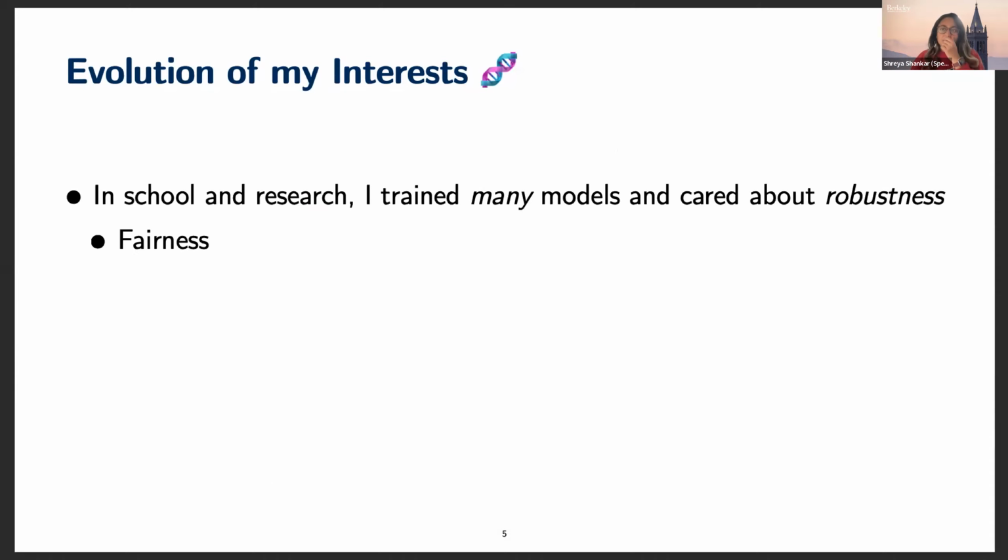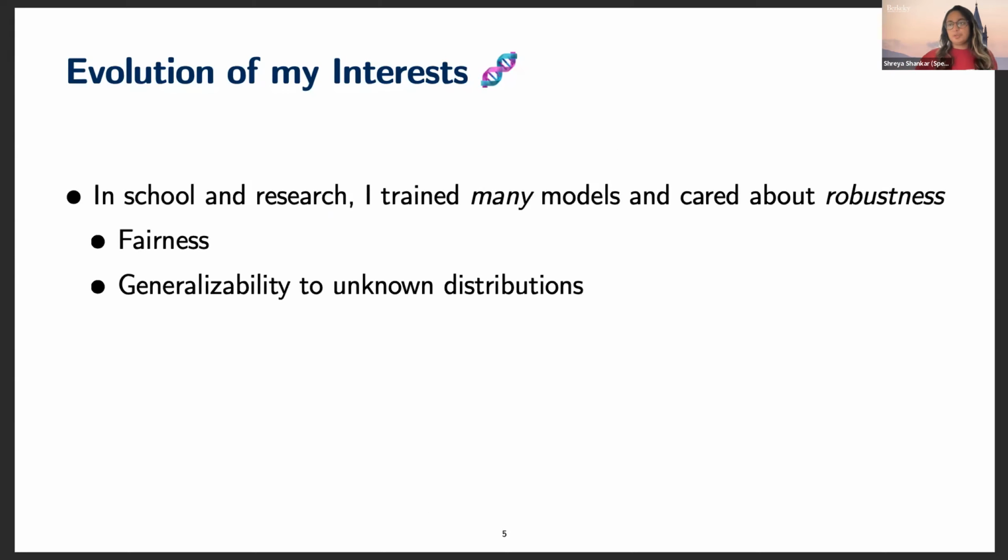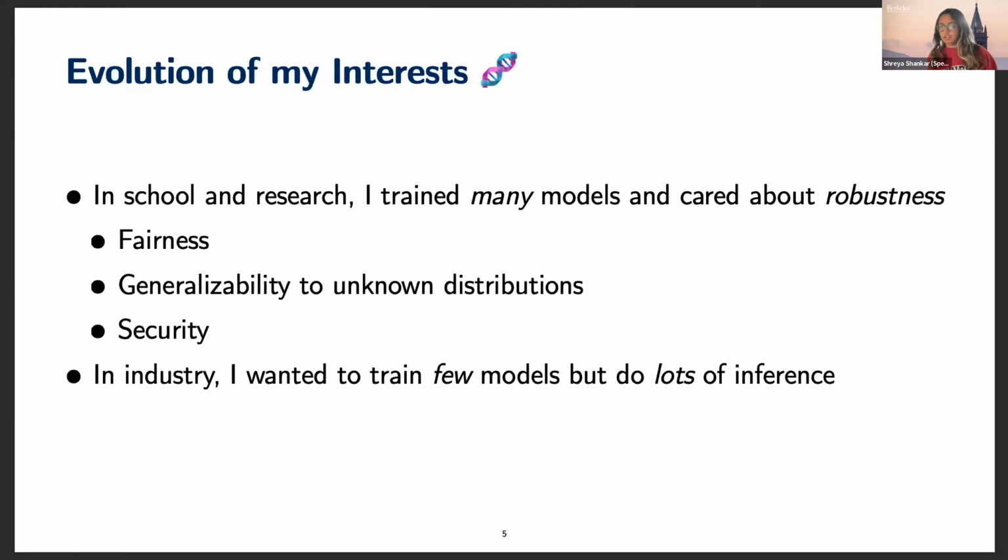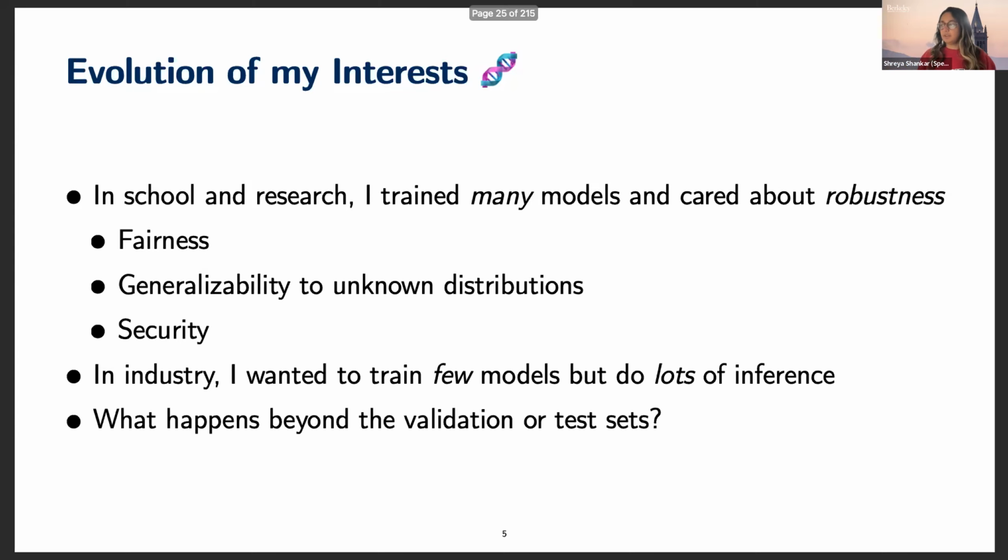And when I cared about robustness, I cared about very important problems like fairness or generalizability to unknown distributions, where you might know the characteristics of these distributions a priori, and then, quote unquote, security or adversarial examples. But I think this is far from the reality or the practice in industry, especially for a lot of startups. You want to train fewer models, but for the models that you train, you want to eke as much business value as you can out of them, right? You want to do inference on them as many times as possible, which really motivates the question, right?